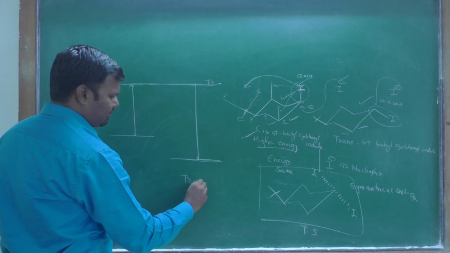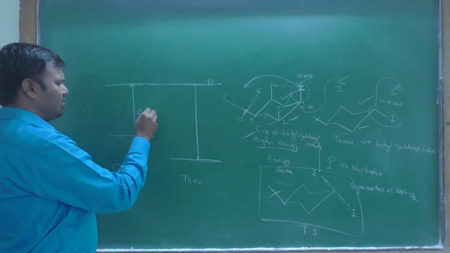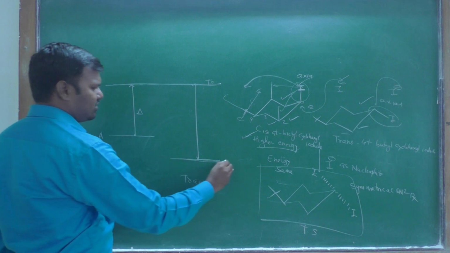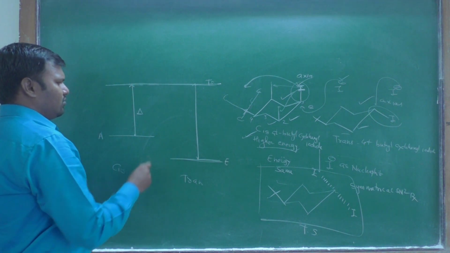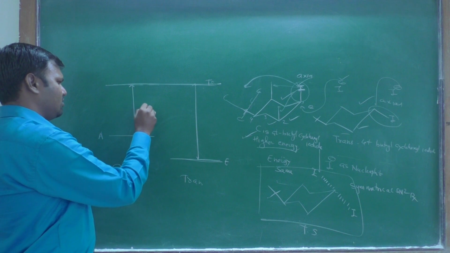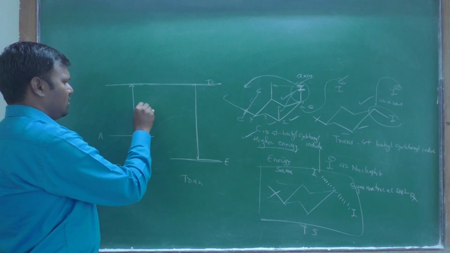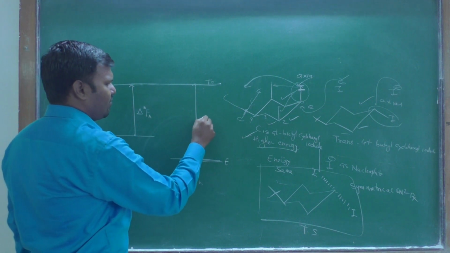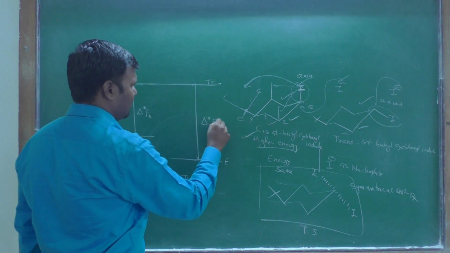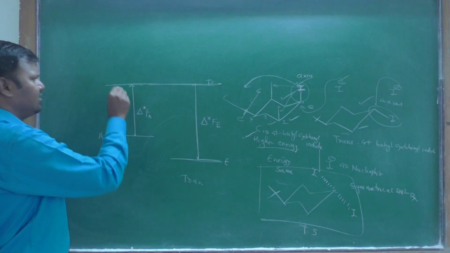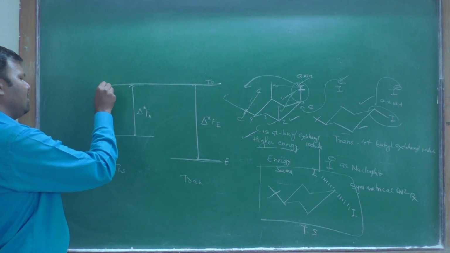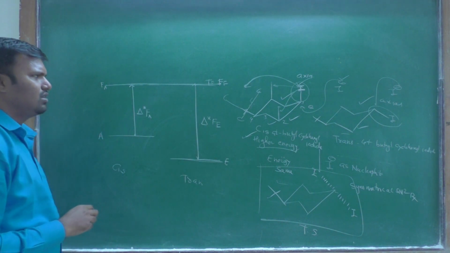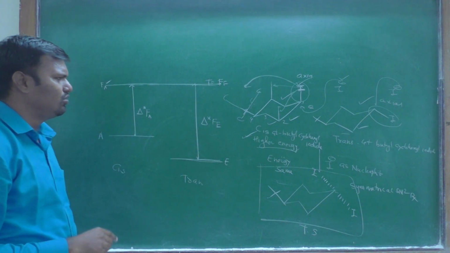This is the trans compound. This compound is the axial compound and this is the equatorial one. Therefore delta F star for the axial and delta F star for the equatorial, with the energies Fa and Fe. The excited state energy difference is 0 in this case.